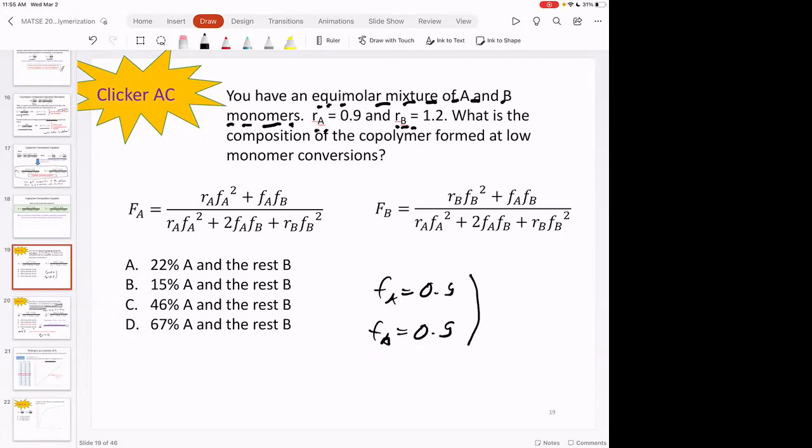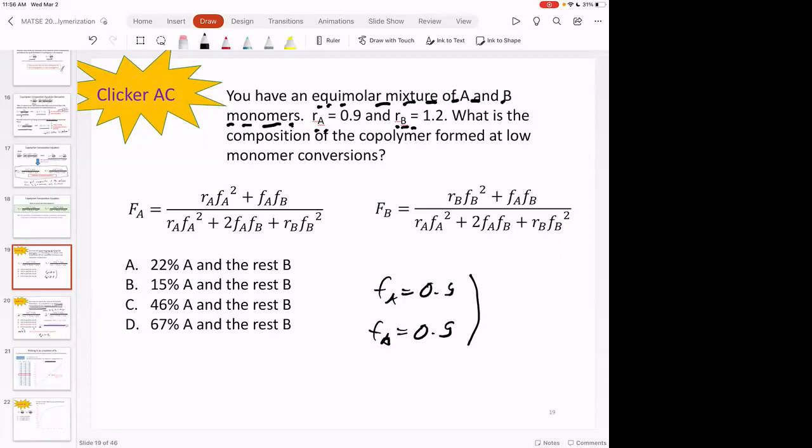What does RA of less than 1 mean? A active center prefers to add what? B. So if B active center prefers to add B and A active center prefers to add B, what's going to wind up in the polymer more of?